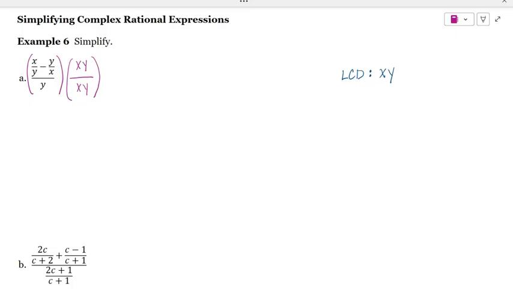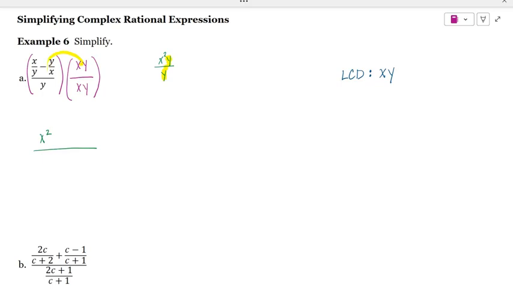So let's start by multiplying this by the first fraction. That's going to be x squared y over y. The y's are going to cancel, so it's doing what I wanted it to do, and I just have x squared left over. So x squared is going to be sitting here in the main fraction. Let's move over and now multiply xy by this fraction.